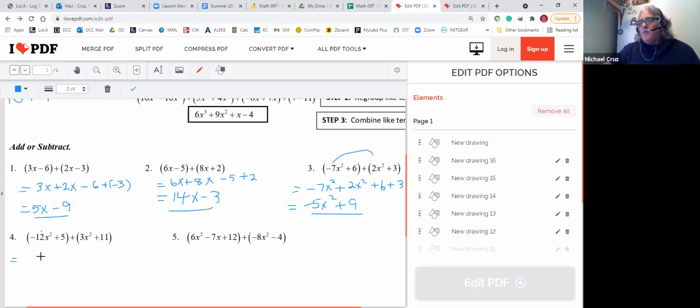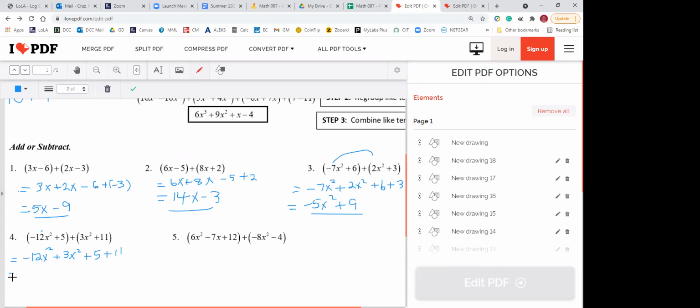Okay, I'm going to light them up. So there's those two like terms and those two like terms. So -12 and 3 is what? -9. Yeah, -9x squared.